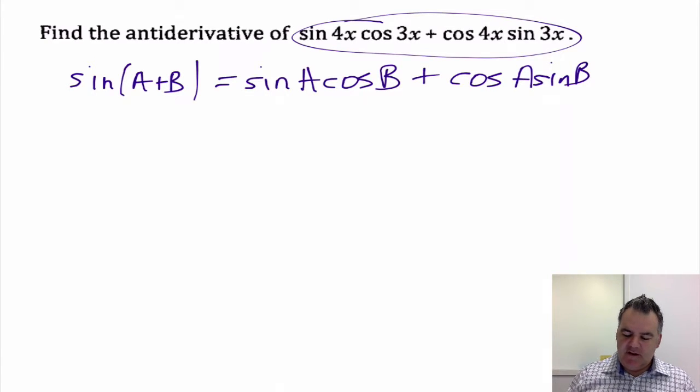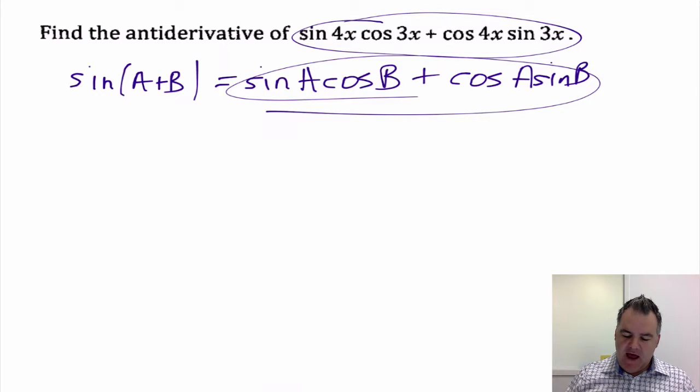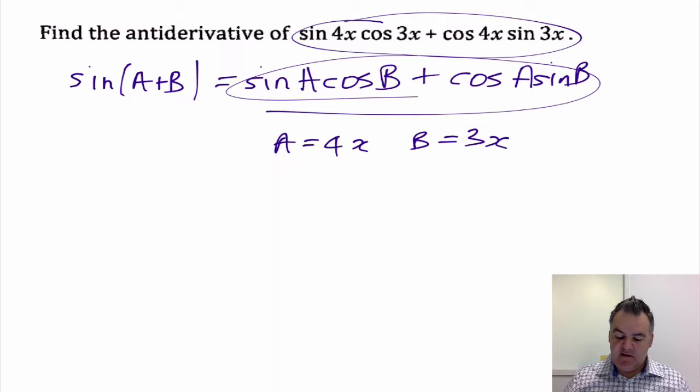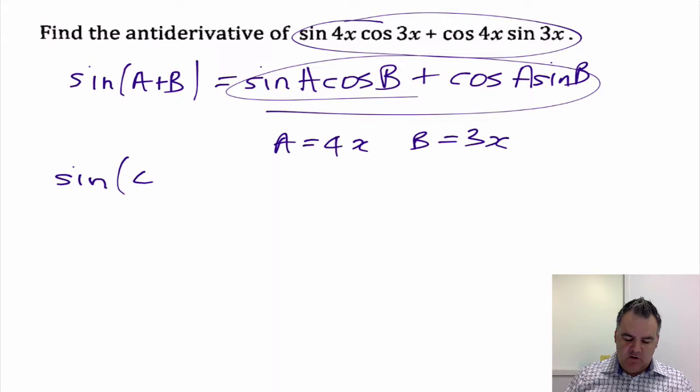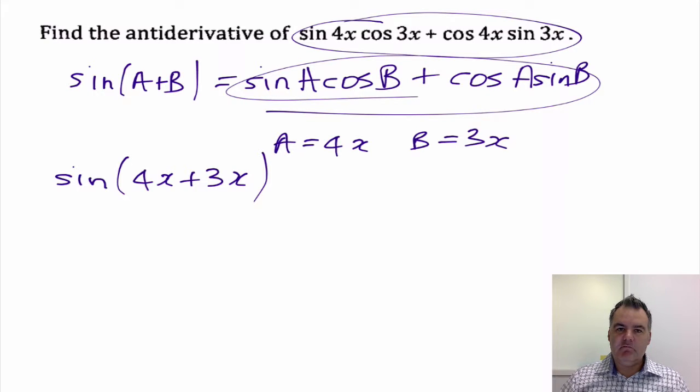So this is really what this looks like. It looks like this, doesn't it? Where A is 4x and B is 3x. In fact, it's the exact same thing. So this expression here is really sine of 4x plus 3x, okay? Which is actually just sine of 7x.